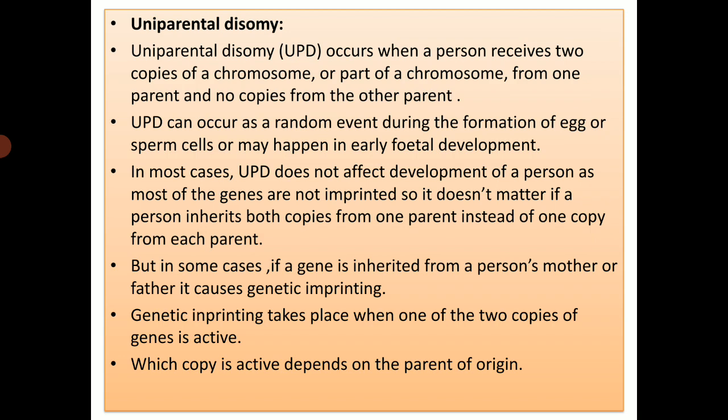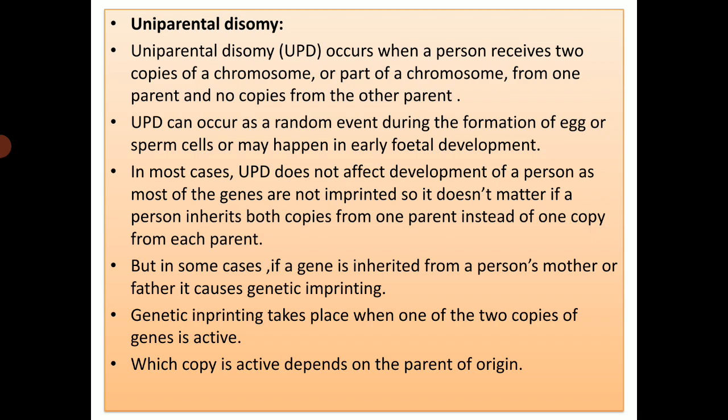Angelman and Prader-Willi syndromes are neurobehavioral disorders most commonly due to a large deletion of chromosome 15 q11 to q13. Okay, you can read it as 15, that means chromosome number 15. In that, the q arm and bands 11 to 13.